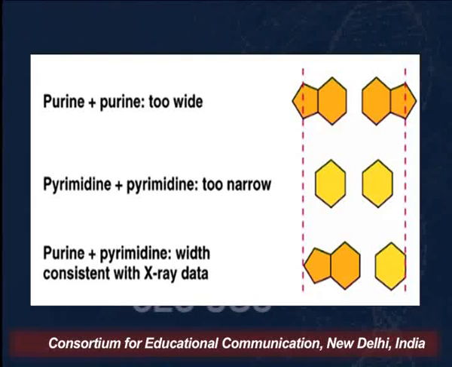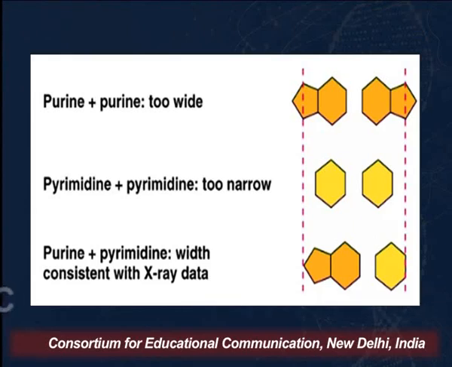On your screens now you can see that the size of purines is large. So, if one purine makes a bond with a second purine, the distance would be too wide, whereas the size of pyrimidines is small. So, if a pyrimidine makes a bond with a pyrimidine, the distance would be too narrow.